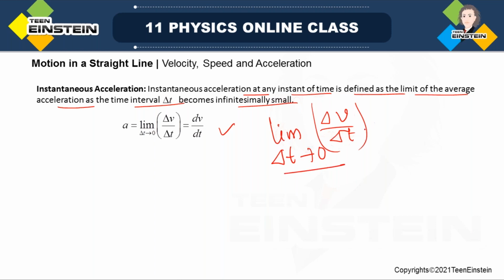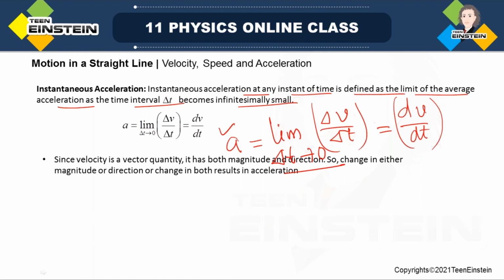Then what you get is called the instantaneous acceleration, which is denoted by simply a, and in the language of calculus you can write this as the total time derivative of velocity with respect to time. So this is the definition of instantaneous acceleration.